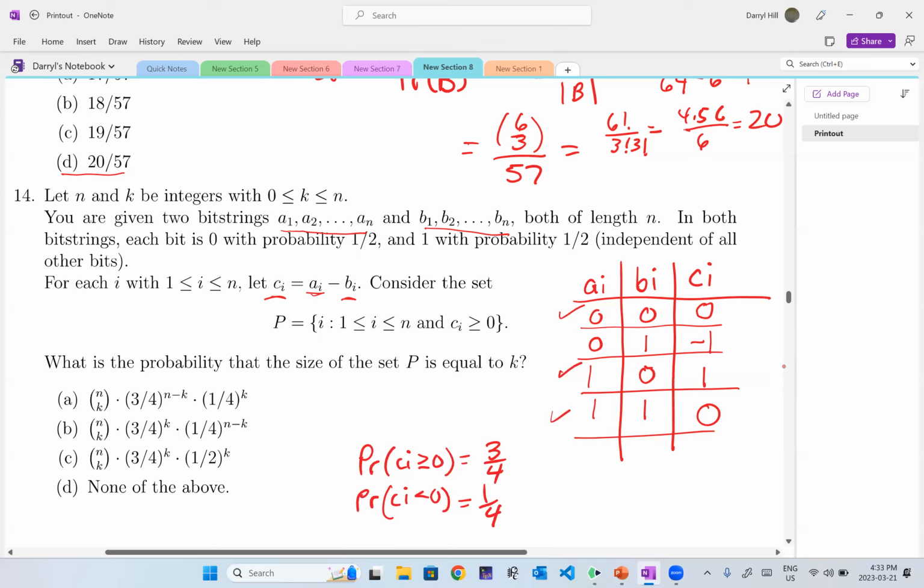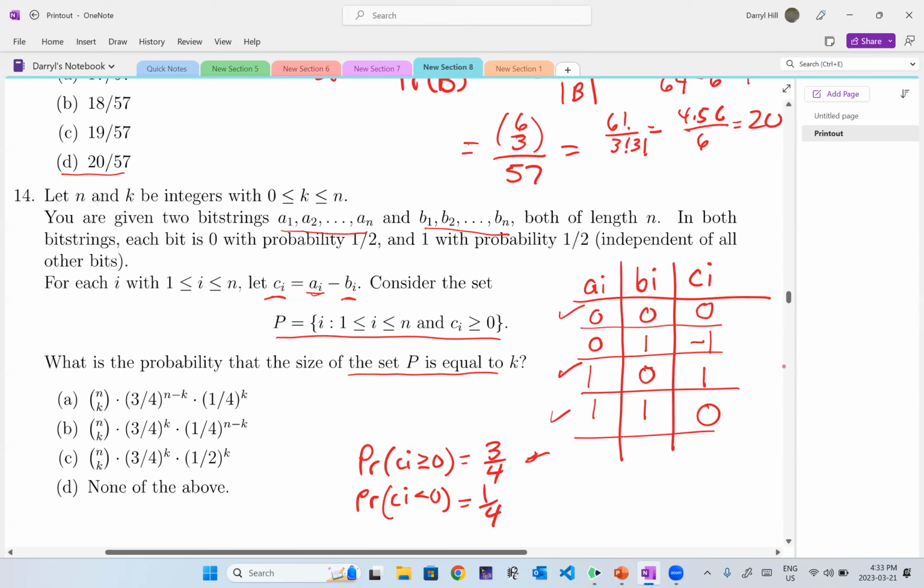Okay, so now I want the probability that the set P is equal to K. This is the set of all of the locations CI for which the value is at least 0. And we see it's 3 out of 4, or with probability 3/4.